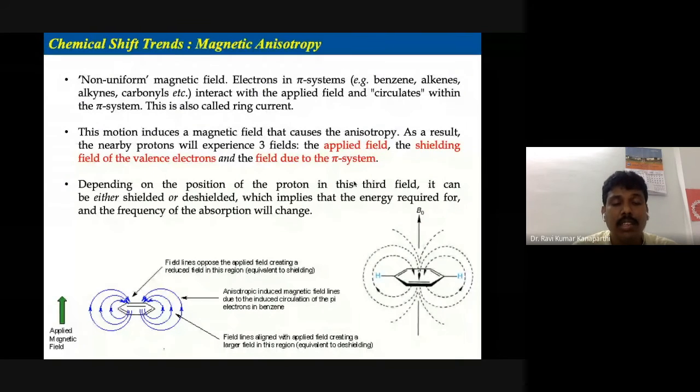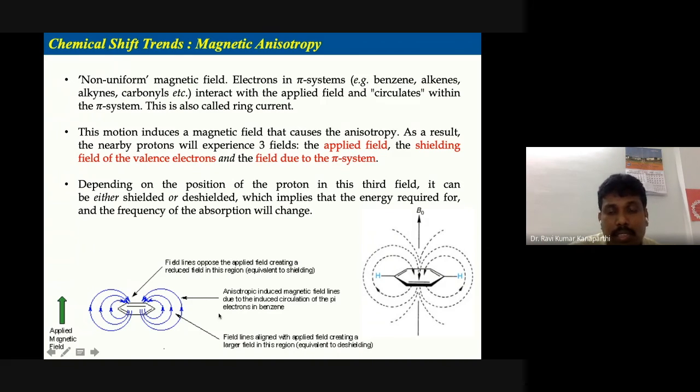As they are circulating, they also induce a magnetic field in the perpendicular direction. Since they are circulating, any charge in motion creates a magnetic field in the direction perpendicular to its motion. That is well established. So in the case of benzene, the electrons are rotating in the ring, and in the perpendicular direction we have the magnetic field.